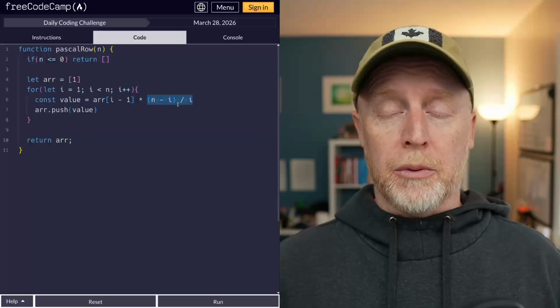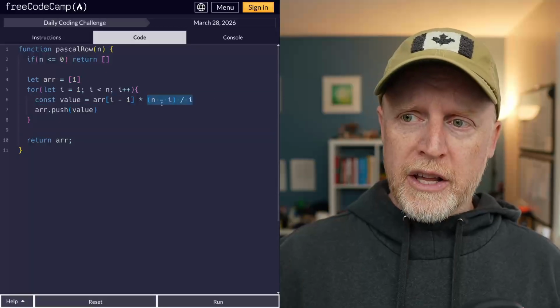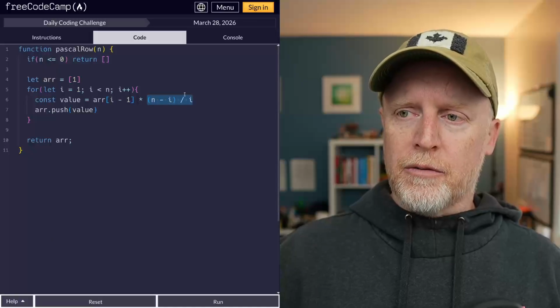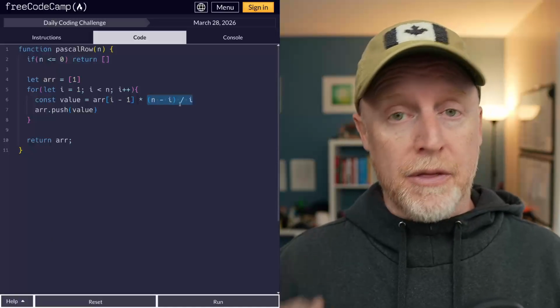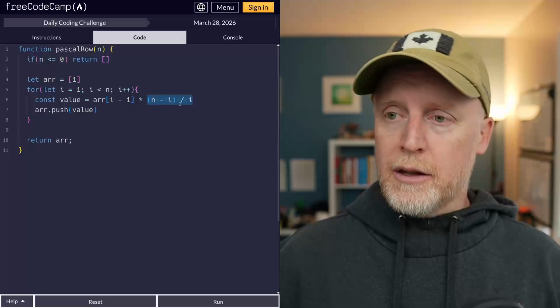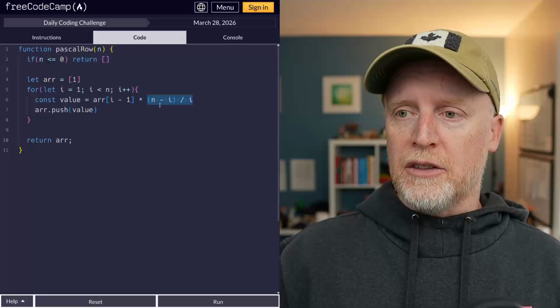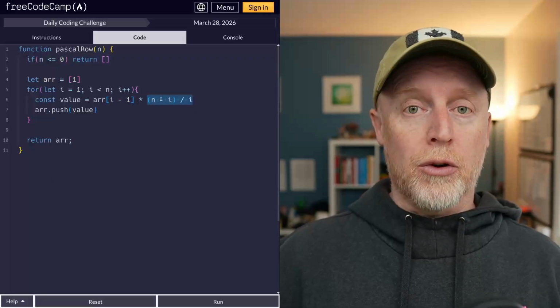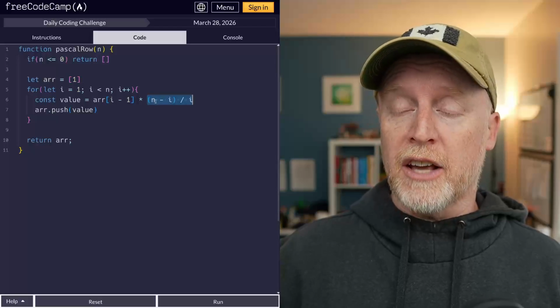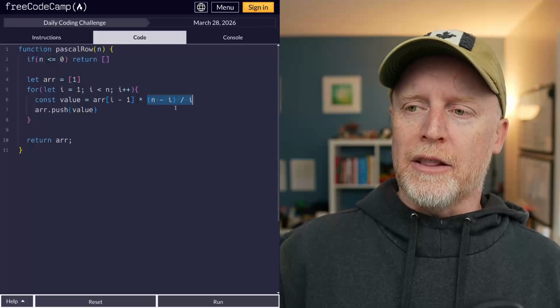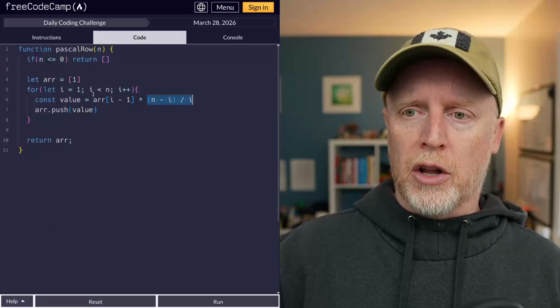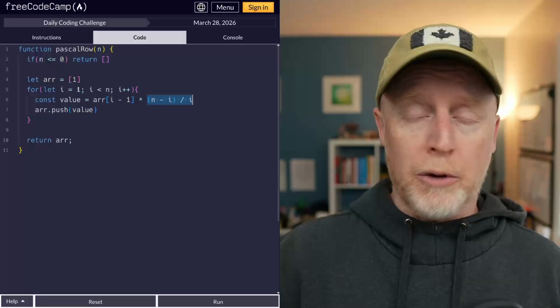In that video, I explained that this bit with the division is the magic behind this specific challenge, right? So what ends up happening is the top number starts out really big, as big as it can, n minus 1, whatever that is. And then the bottom number starts out really small. In this case, it started out as 1, right?